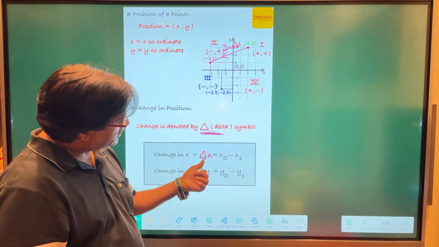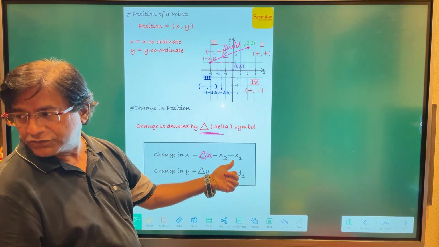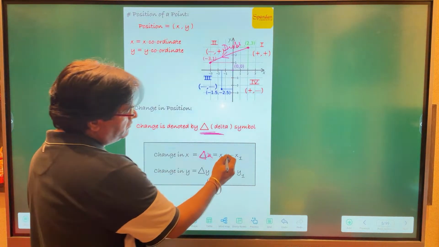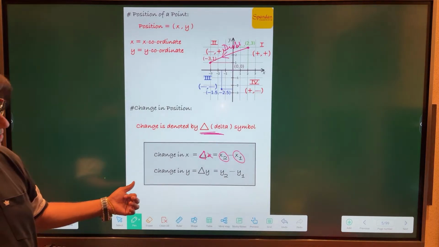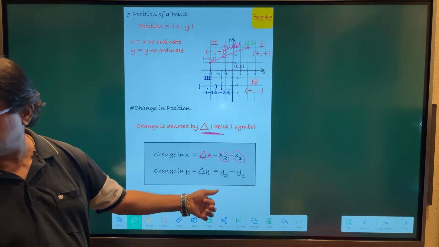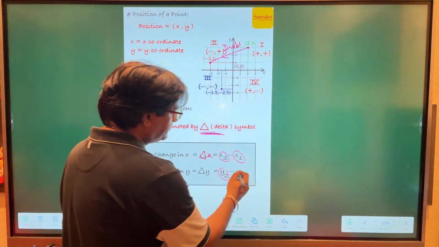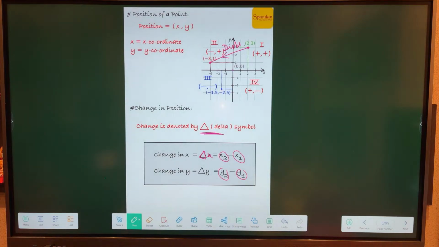That means we are taking the change in position of x, which will be the difference of two values of x, x2 and x1. Similarly, there will be a change in y, delta y, which will be the difference of two values of y, y2 and y1. Clear? Do you understand?